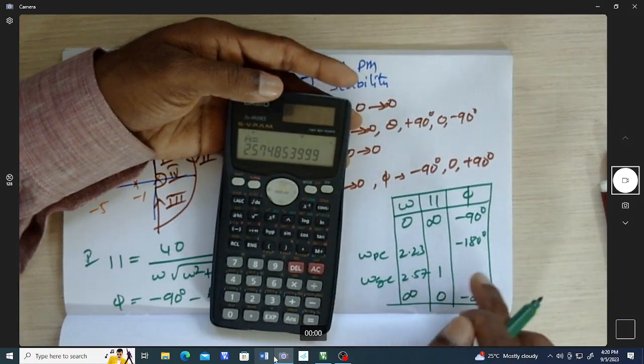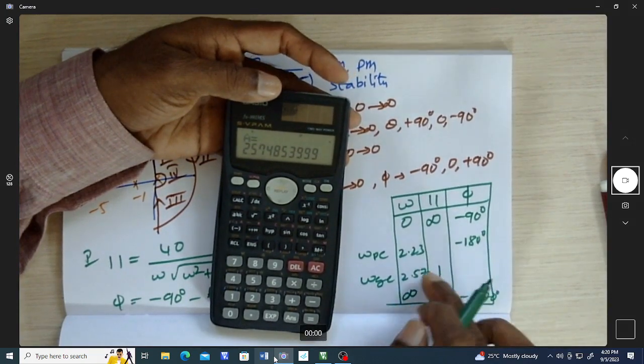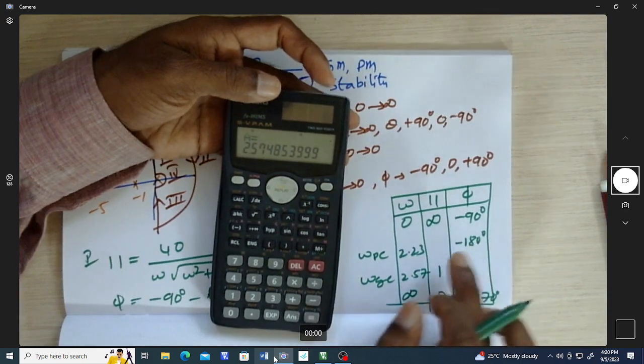So at 2.57 I have a magnitude of 1, and at 2.23 I have a magnitude of.